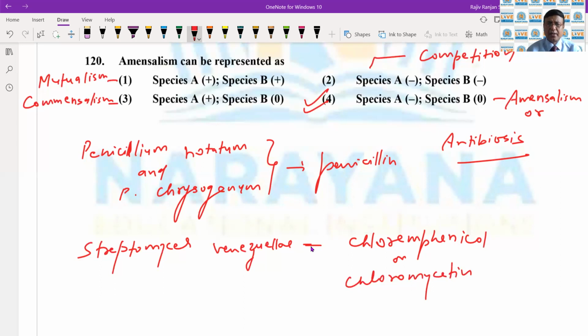All these are examples of antibiosis or amensalism. Let's now see the next question.